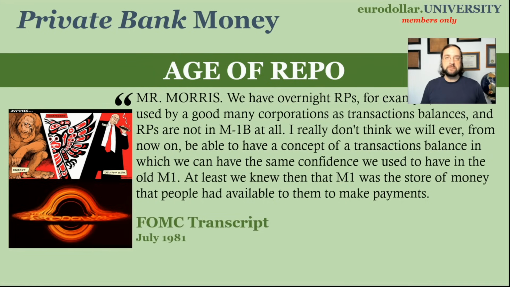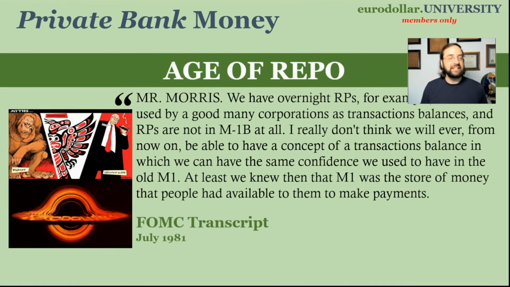And repo wasn't just a funny way for corporations to make money outside of Regulation Q, a higher interest rate. It became a mode of transaction for not just corporations, but also the financial firms, the dealers, to be able to lower their threshold of intermediation across a much wider expanse of the Eurodollar system.